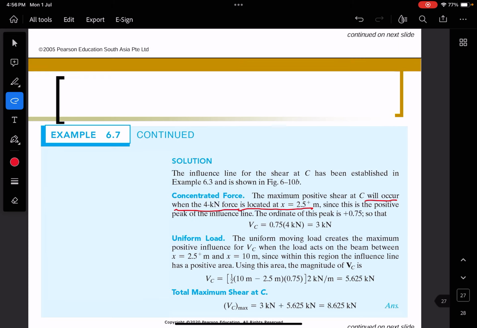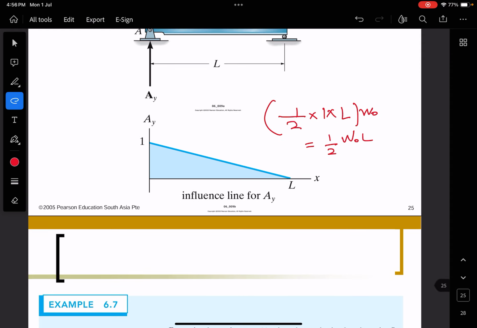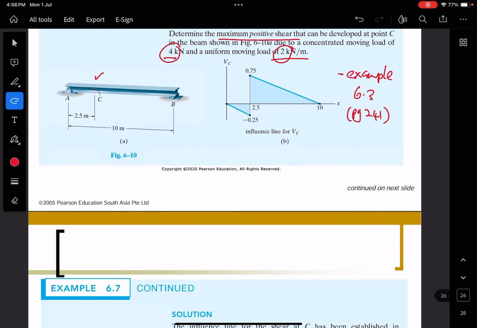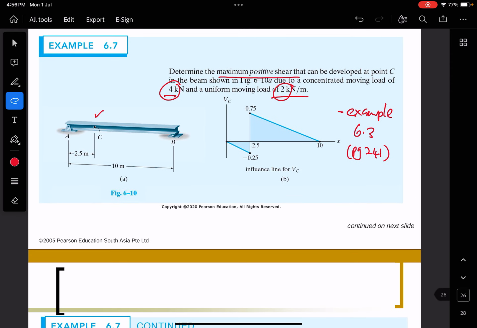If you refer back, the question asks you for the maximum. So if you place your point load of 4 kilonewton here, this will create negative. This is negative and this is positive. So it will give less force. So no need to put your 4 kilonewton in this area. It's better to put 4 kilonewton in the positive area.